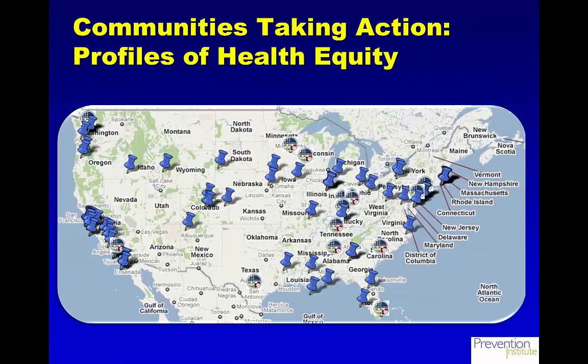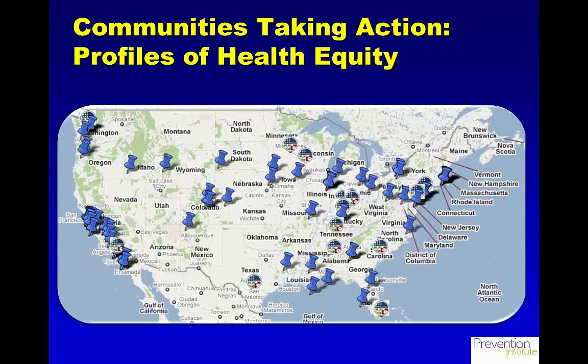And I'm just going to go back for a moment and share another tool that you can access through our website, which is Communities Taking Action. This is a database of work that different communities across the country have engaged in, using the principles of prevention and really applying it to help achieve greater health equity in those communities.